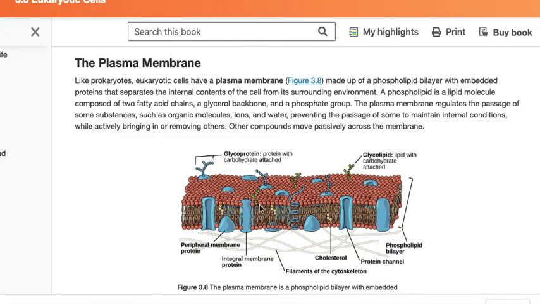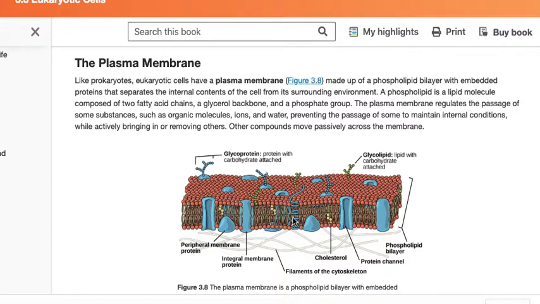And the reason why the inside has to be hydrophobic and repel the water is that if this filled up with a bunch of water, it would basically split it apart. So if water comes through here, it pushes it through to the other side as fast as possible. It repels water. The outside is hydrophilic, meaning that it's okay around water.